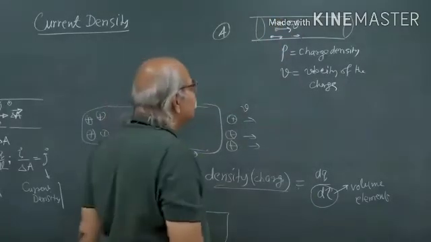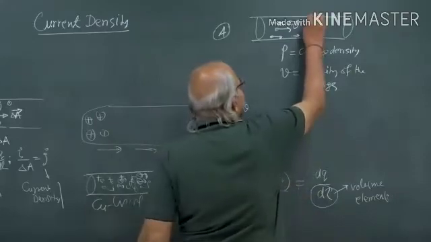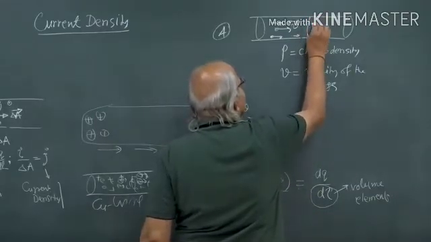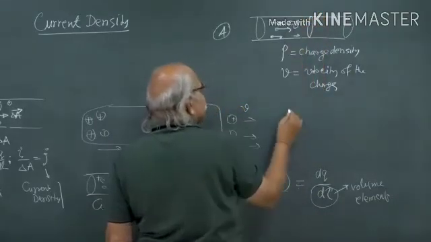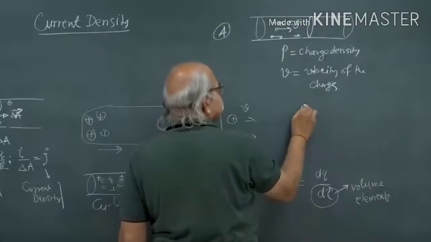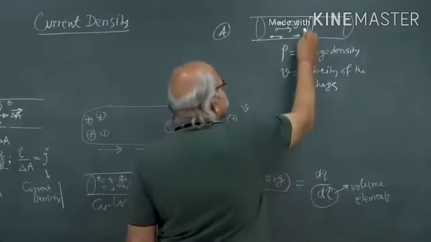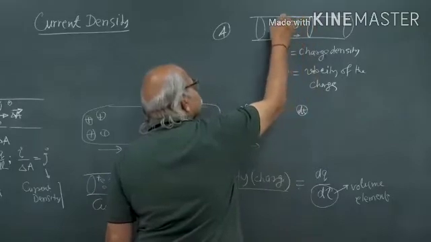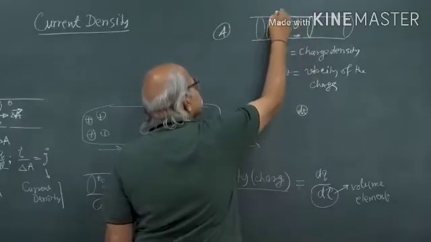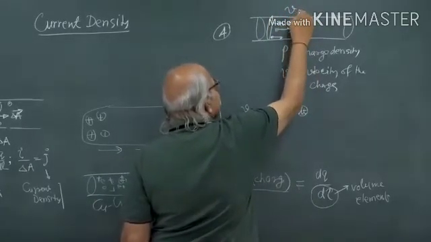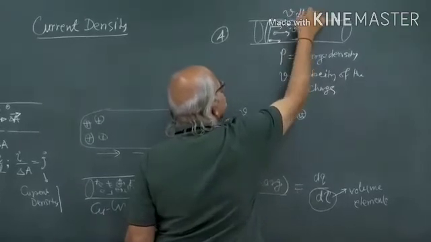So we can do it. Consider this cross section here, and then take some time dt and construct a length v dt.